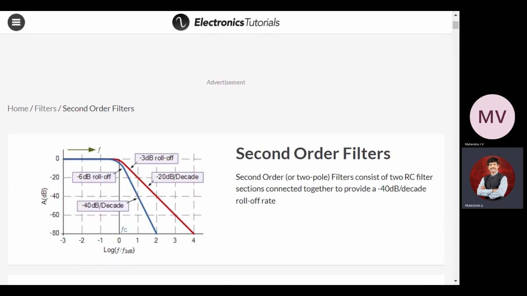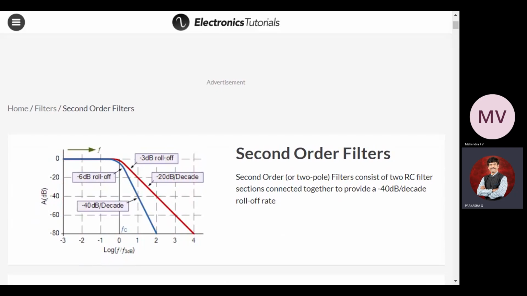AF is given as, since we are connecting the input to the non-inverting terminal, the gain is 1 plus RF by R1. I think all of you know that one, no need to write it, I'll just revise this. AF is 1 plus RF by R1.